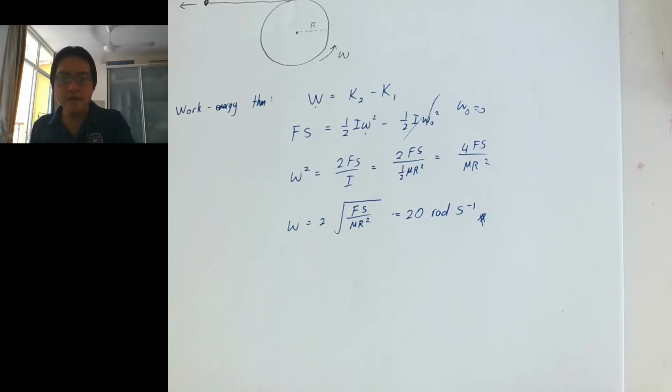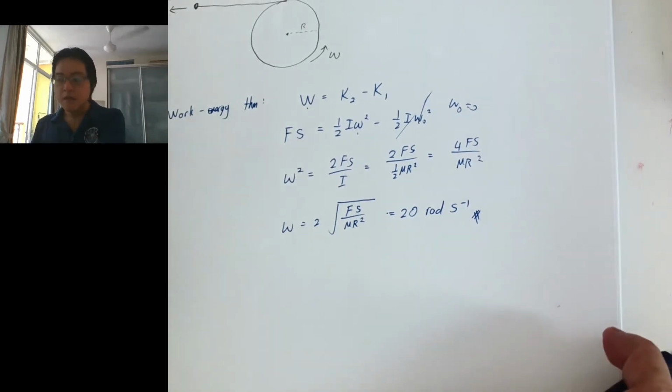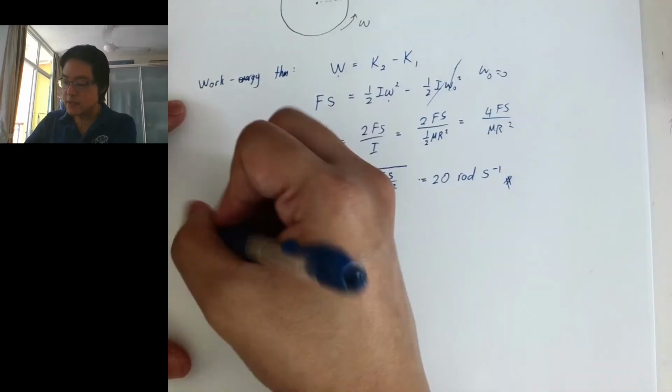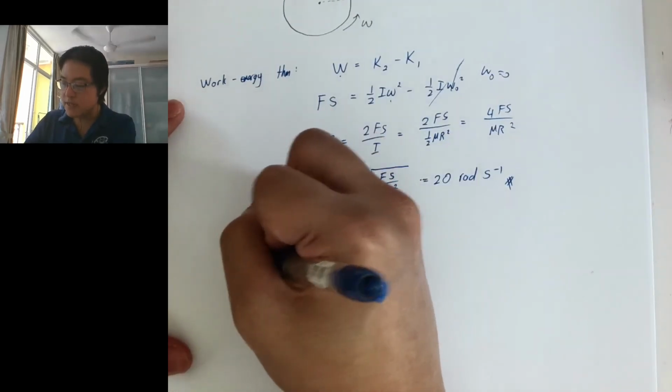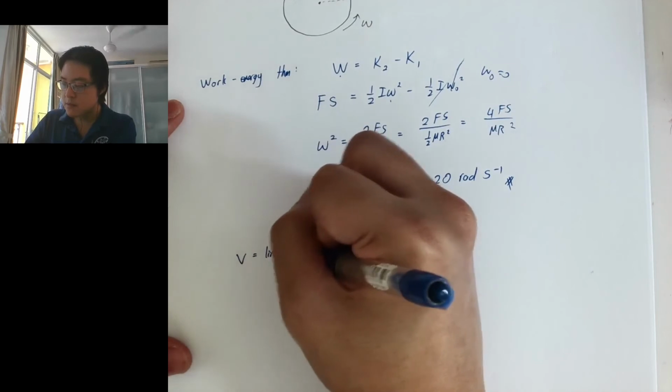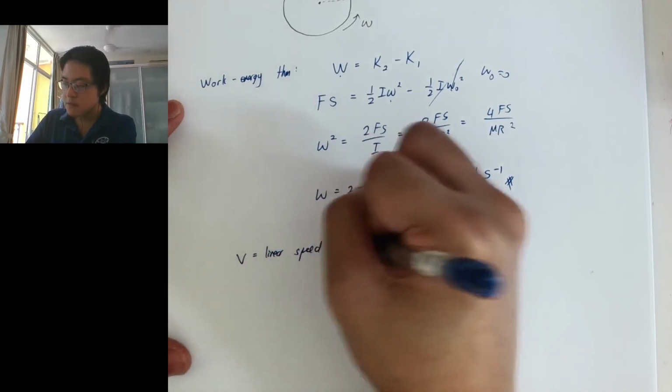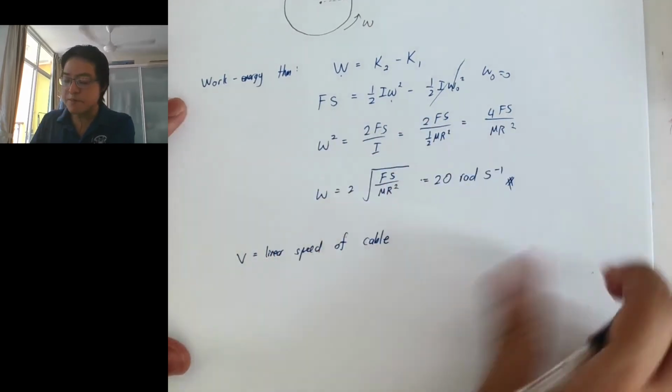Then find the linear speed v of the cable. So v is the linear speed of the cable. So this is where the no slipping comes in, right?